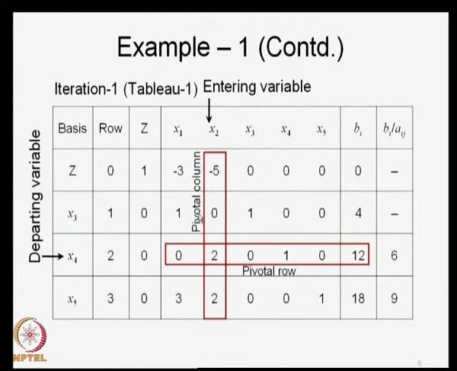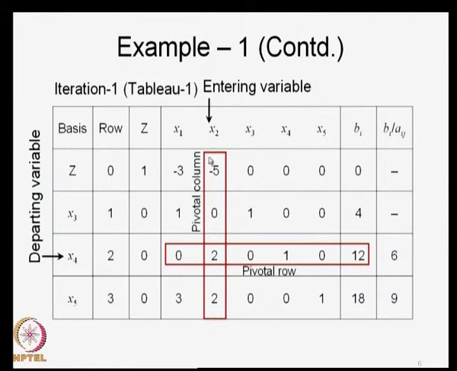So, you identified the pivotal column associated with the entering variable, and now you identify a pivotal row associated with the departing variable, based on the minimum value of Bi by Aij, which is calculated only when it is positive.